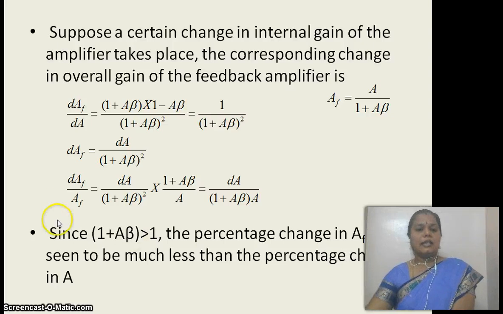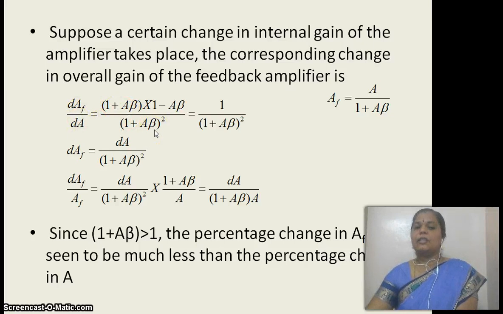Now we shall check if there is a change in internal gain of the amplifier, that is, if A changes, what happens to AF? Whether the AF will change or the percentage change in AF will be high or low. So we shall analyze that. To find the change in AF, we need to find the derivative of AF with respect to A. So it's a simple U by V formula where the denominator is V, the numerator is U. What is the derivative of U by V?